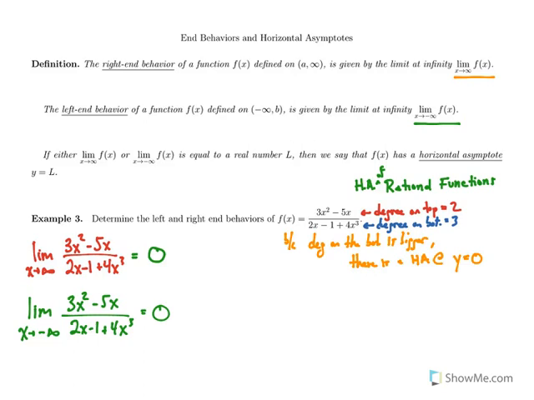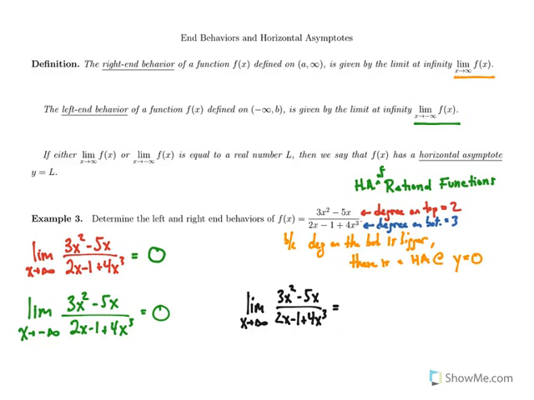Note that another way that we could do this is looking at the highest power on the top and the bottom and thinking about dominating functions. We can only do this for limits at infinity. It doesn't work for limits at any other number.